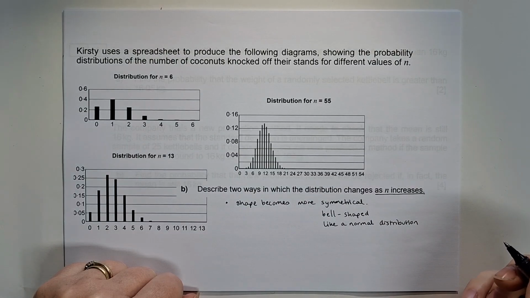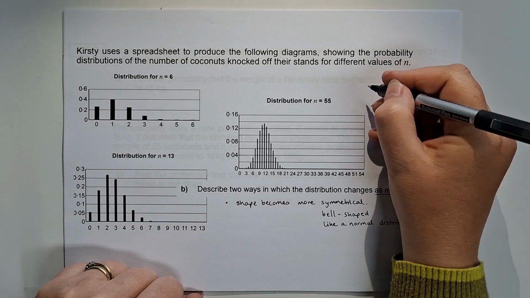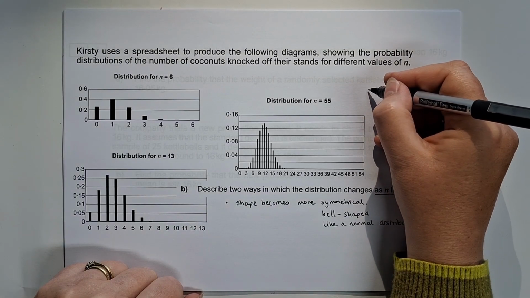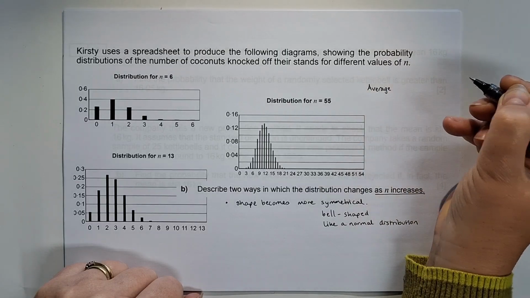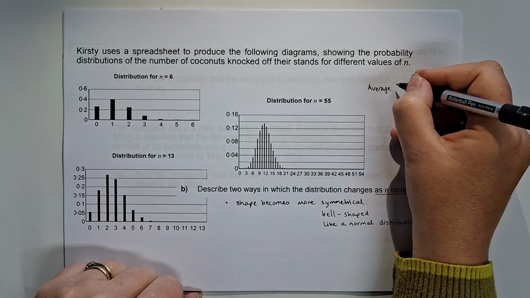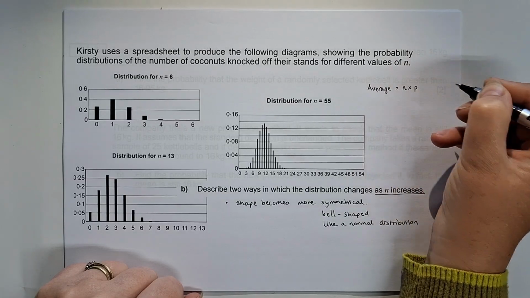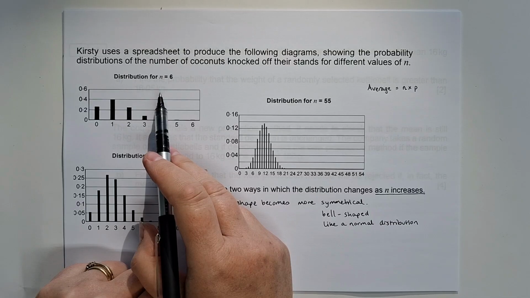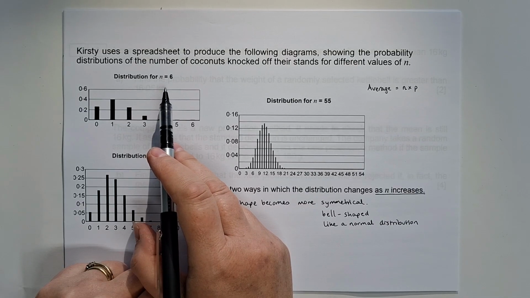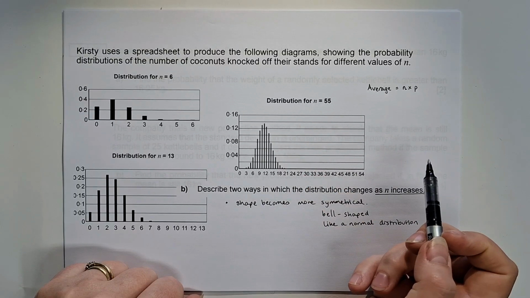Okay. What could we say maybe about the mean, the average score? Even though it's not a result that we're supposed to sort of know, it's useful. The average score for a binomial is n times p. Okay, if you are going to succeed 0.2 of your attempts, you would expect 0.2 of 6 or 0.2 of 55 to be successes.